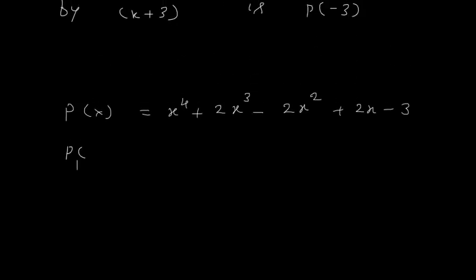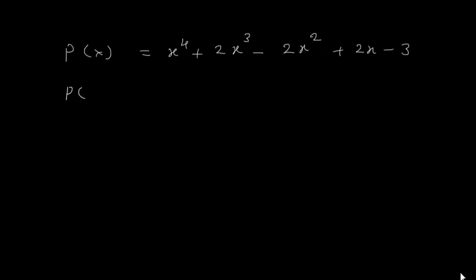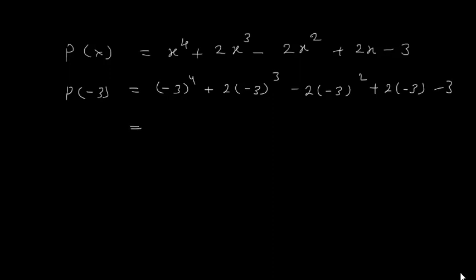We are dividing by x plus 3, so P of minus 3. Here we are getting minus 3 power 4 plus 2 into minus 3 cube minus 2 into minus 3 square plus 2 into minus 3 and minus 3. So minus 3 power 4 is 81. Then here we have minus sign because a negative number to an odd power is negative. So 3 3s are 9, 3 9s are 27, 27 twos are 54. So this is minus 54. Then 3 3s are 9, 9 twos are 18, minus 18. Then here it is minus 6, then minus 3.